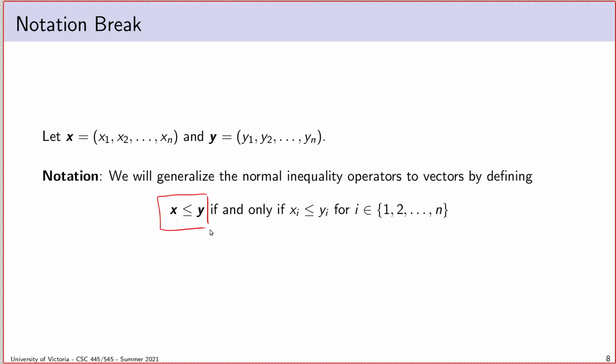When I say that the vector x is less than or equal to the vector y, what I am saying is that every element of x is less than or equal to every element of y. So it's an element-wise less than or equal to. There's no weird normalization or length or dot product shenanigans here. I'm just comparing each element by element between the two vectors. So if x is less than or equal to y, every element of x is less than or equal to the corresponding element of y.